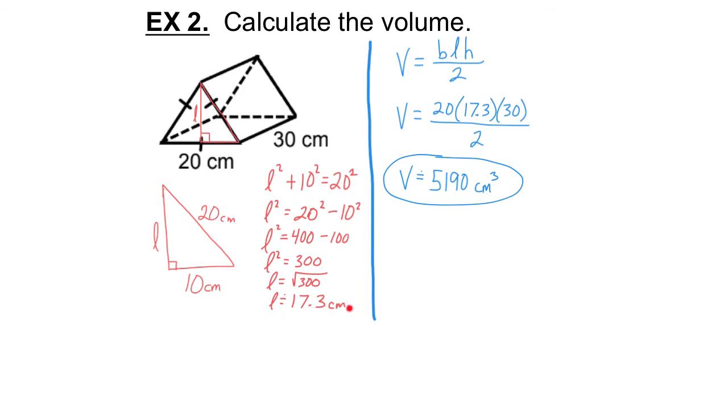I get 17.3 centimeters approximately for this value of L. So now that I have that, I can use it in my volume calculation, and I can get the volume of this triangular prism, 5,190 centimeters cubed approximately.